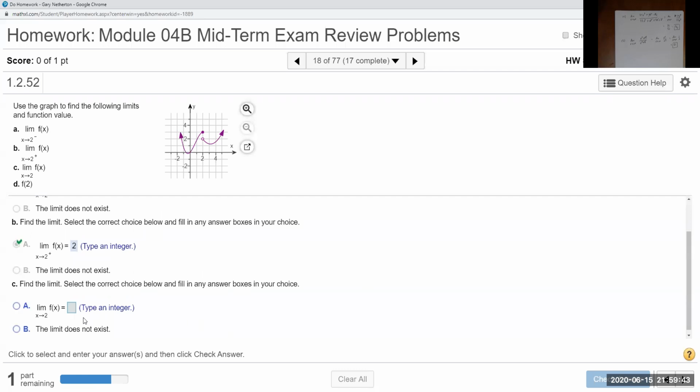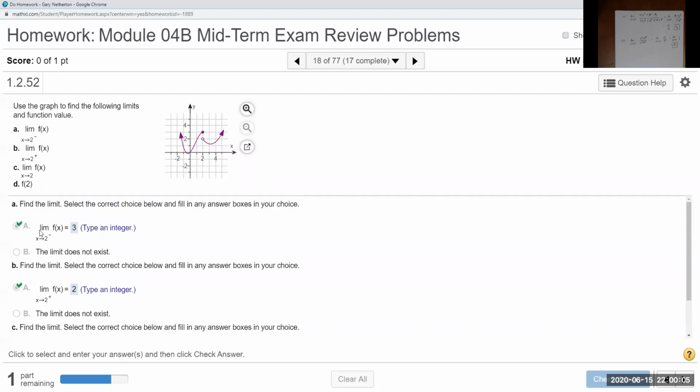So now they say, okay, what's the limit as x approaches 2 of the function? Well, I just said it a minute ago. The way you find the limit of a function is you take the limit from the left, you take the limit from the right. If they equal the same thing, then you have a limit. Well, we've already done those steps. The limit from the left was 3 as x approaches 2.